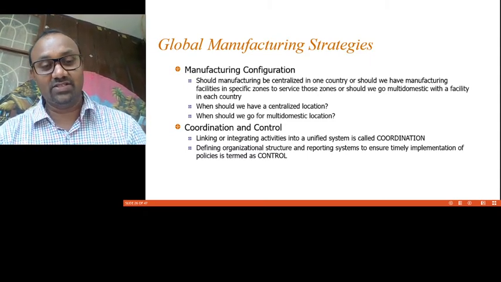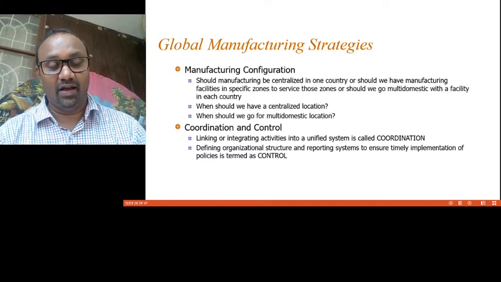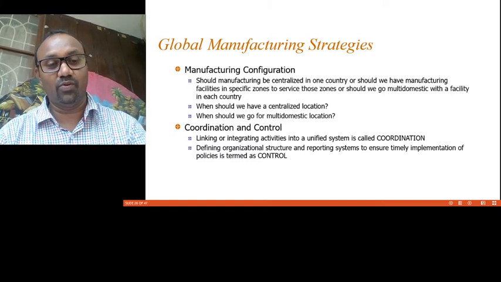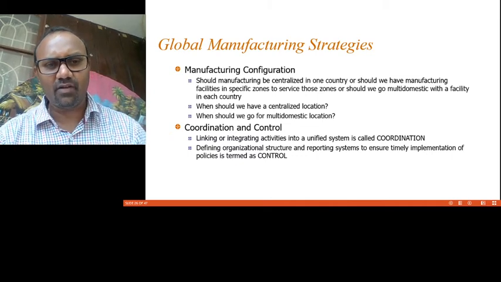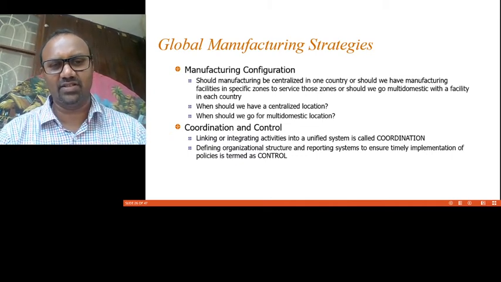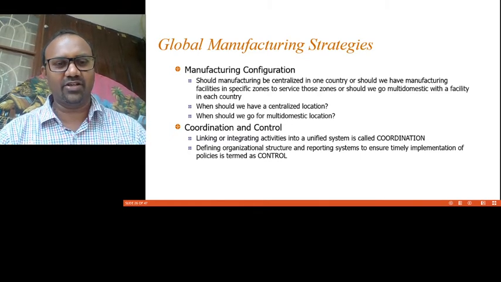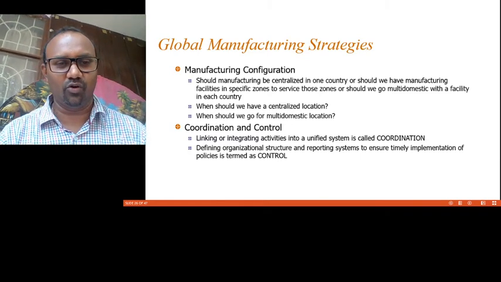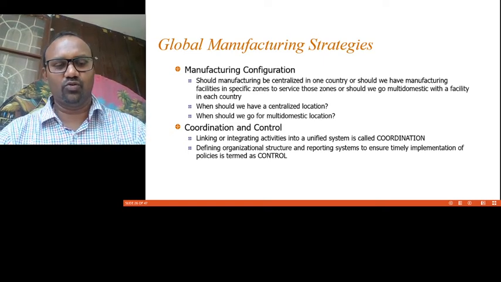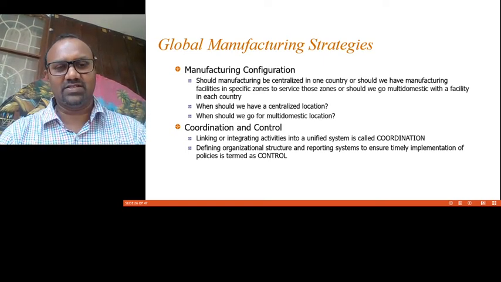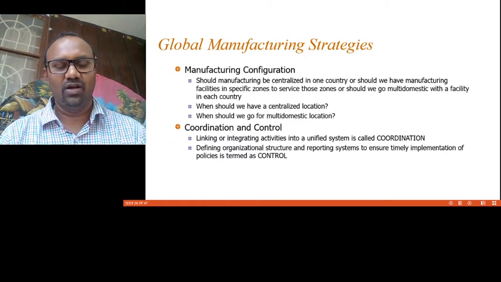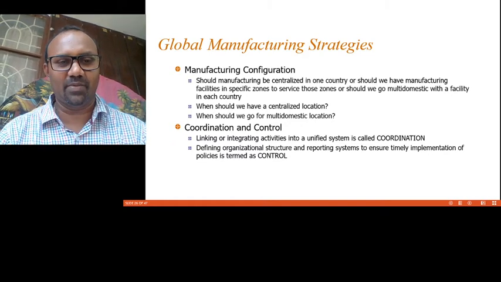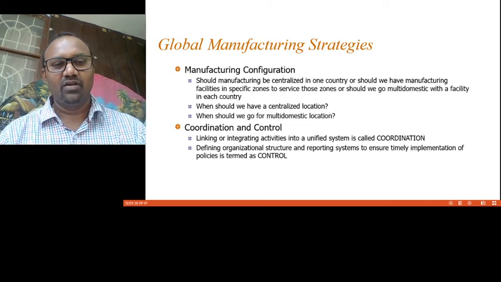If you're using an international strategy, then you might have the manufacturing unit in your country and you will only export finished commodities to the foreign markets. If you have a multi-domestic strategy, then you might think about having a manufacturing unit in that particular country, either on your own or through a joint venture or through a licensed partner who's going to manufacture goods on your behalf, customize products according to the markets in that particular country, and thereby be able to sell.